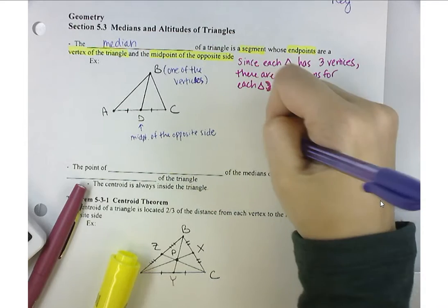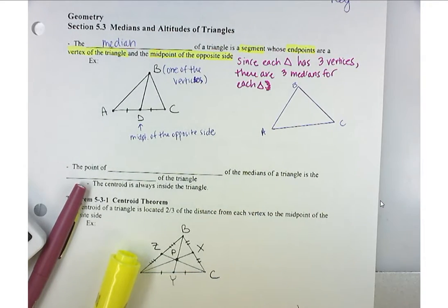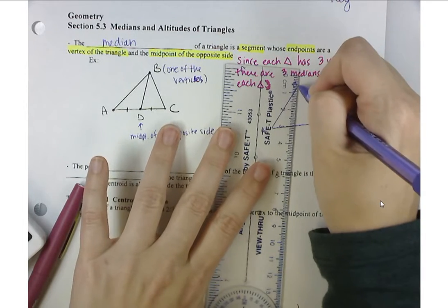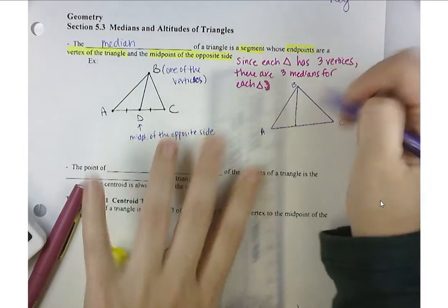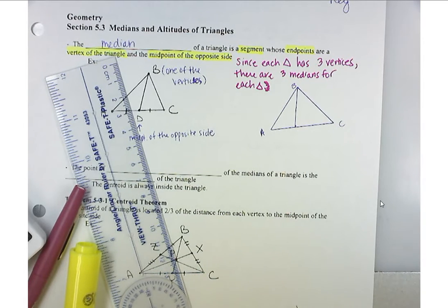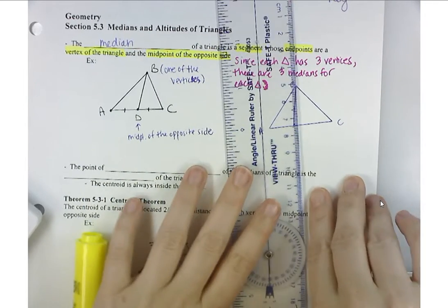So if we call this ABC, the first median we can do from B. Oh, that looks bad. I don't like that. I'm using a different color. Why don't I like that? It doesn't look even.